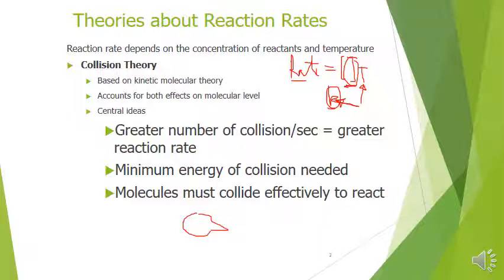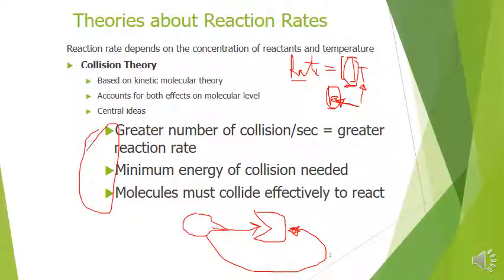Maybe we have two particles that look like this. This one has to smash into this one just like this. If it came around and hit it like this, it wouldn't be good. All of these are involved with our K in our reaction.